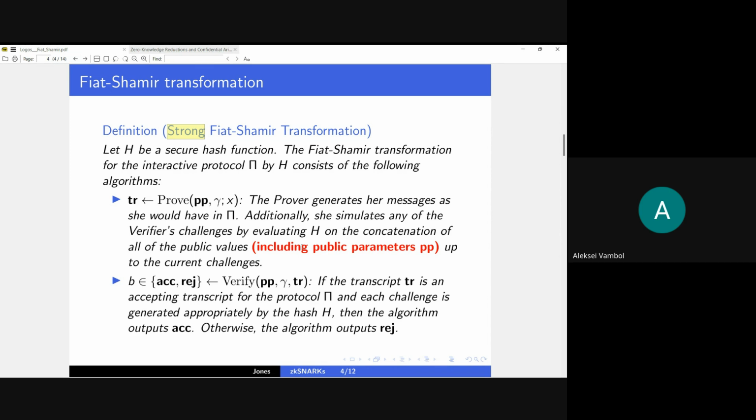Okay, thanks for the interesting information. In the implementations which I have seen, for example, if I'm not mistaken, Halo 2, the version used by Zcash, as far as I remember, this implementation was based on the strong Fiat-Shamir transformation, and for this reason I thought that all Fiat-Shamir transformations are what you call here strong Fiat-Shamir transformation.